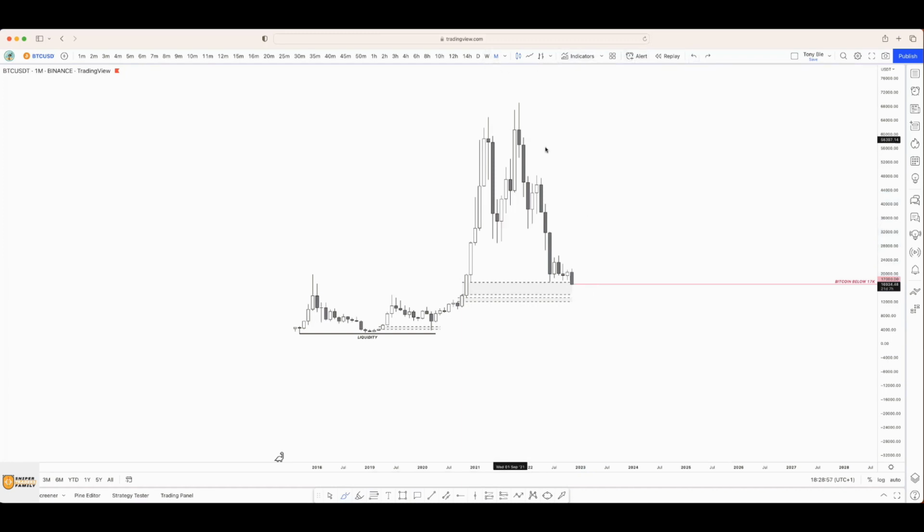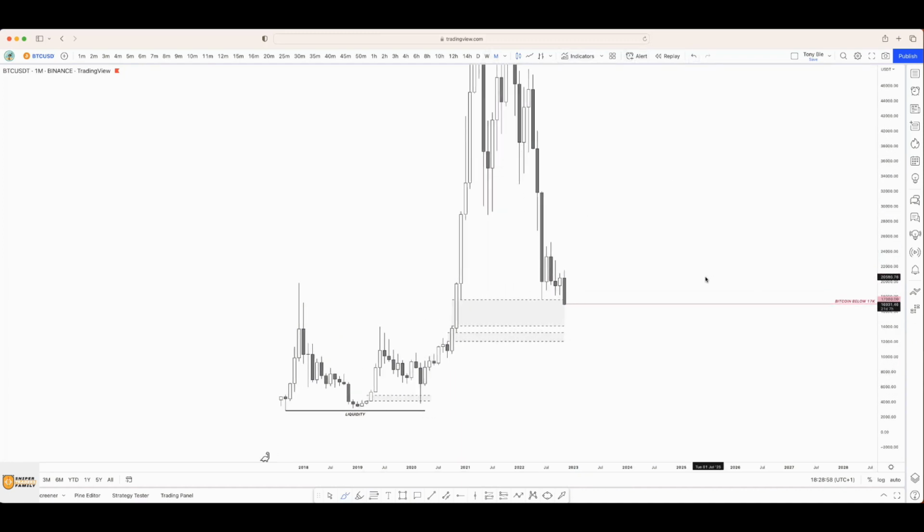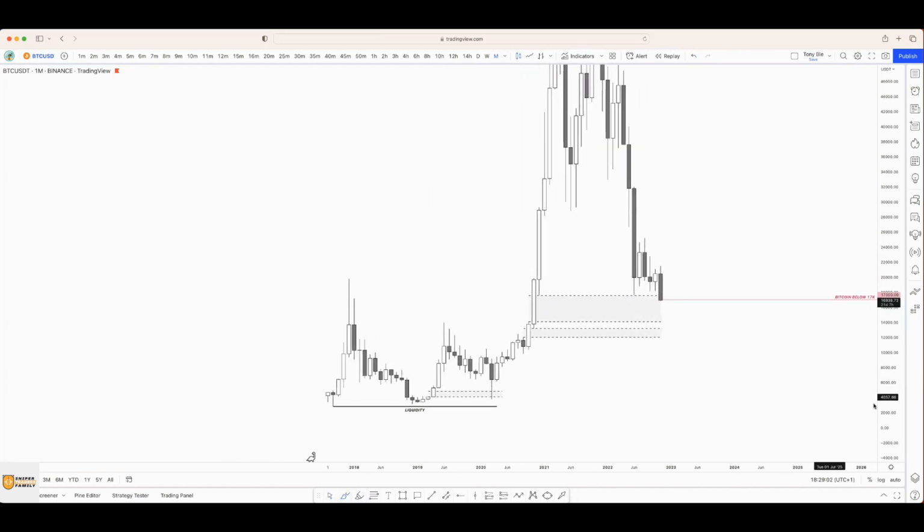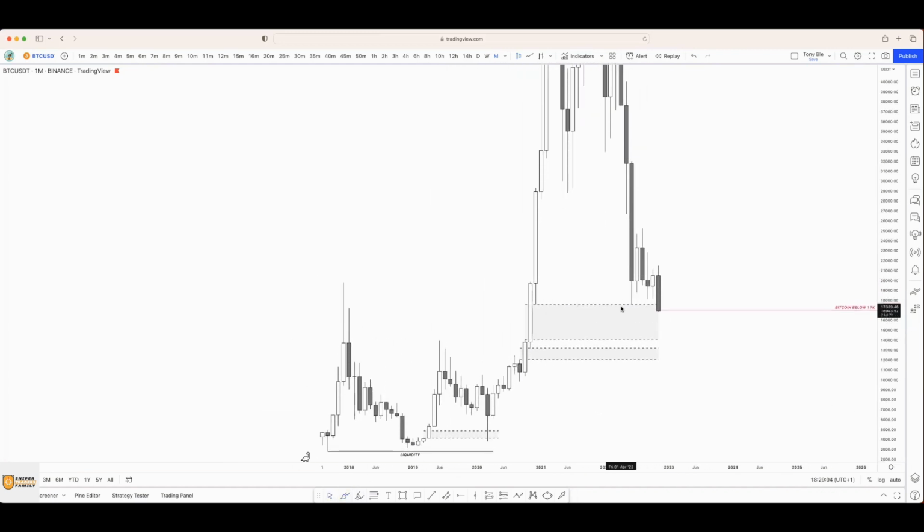Now on the weekly, okay, so also on the monthly time frame, it could find support at this imbalance. Now price has captured these equal lows, has captured the liquidity. It is coming into the imbalance. We could be anticipating some level of support in this area.